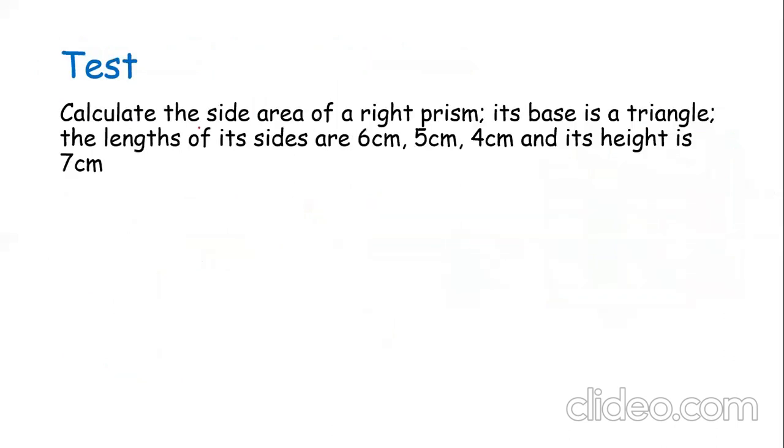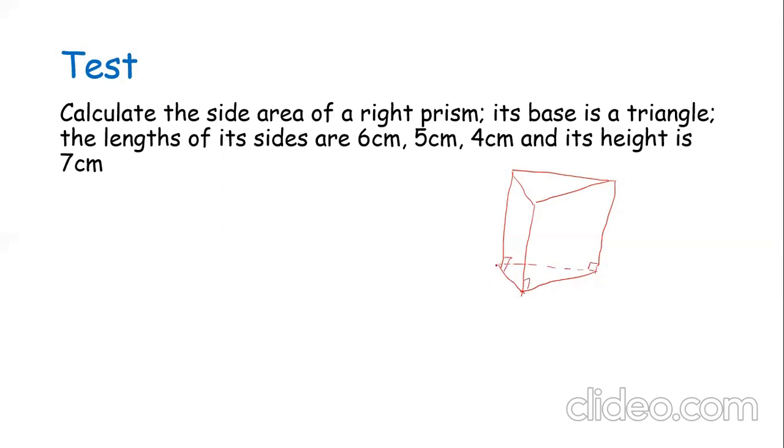As a test, calculate the side area of a right prism. Its base is a triangle. So first of all, we draw it simply like that. So here we have a right prism. Of course, this is meant to be a right angle.